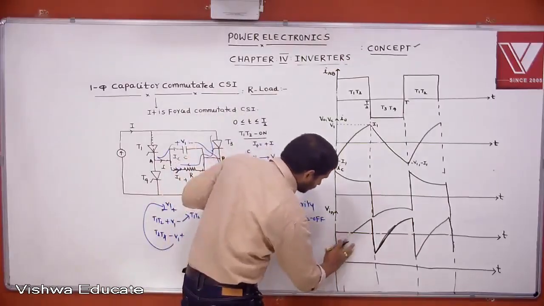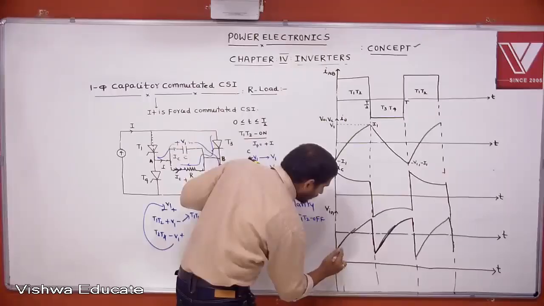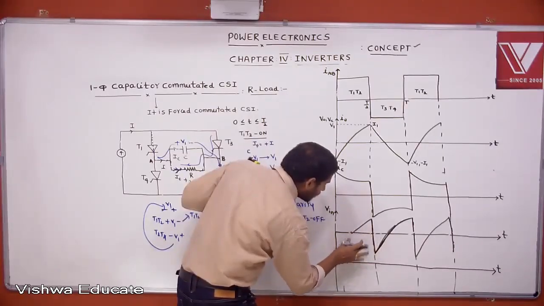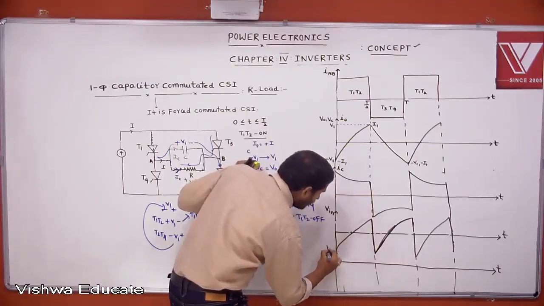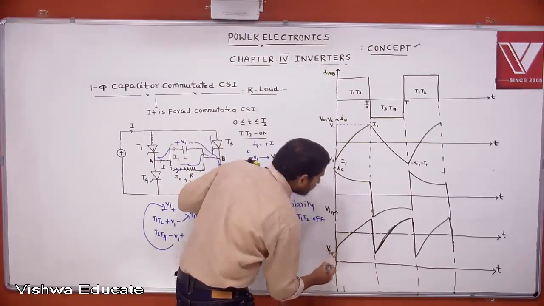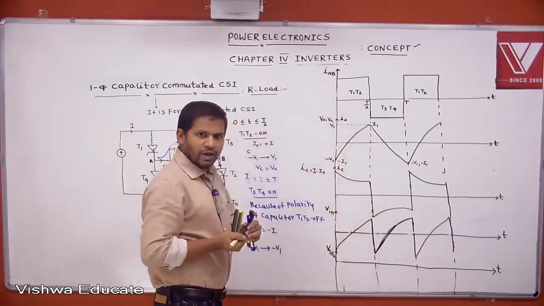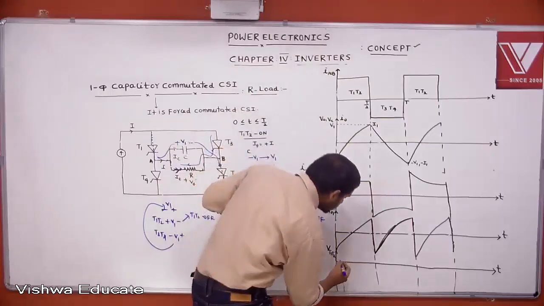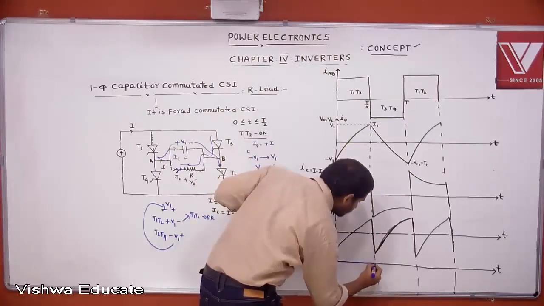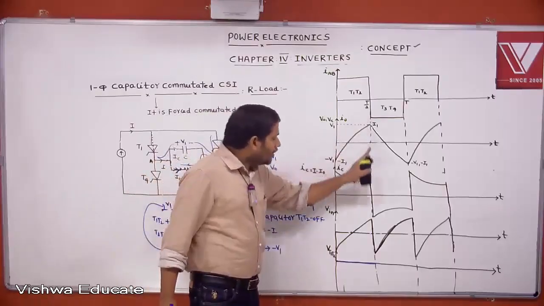Then I want to draw the voltage across T1, T2, the VT1 and T2 waveform. Here T1, T2 is in the on state. If T1, T2 is on, the voltage across T1, T2 is equal to 0. Here T3, T4 is triggered.